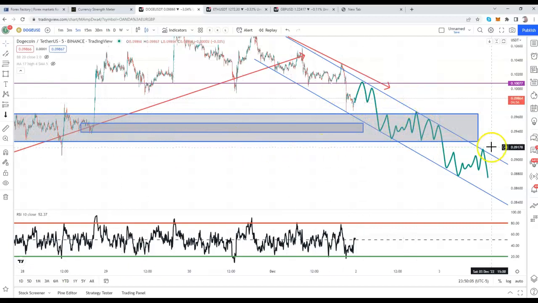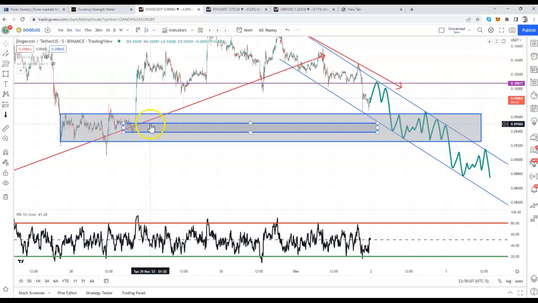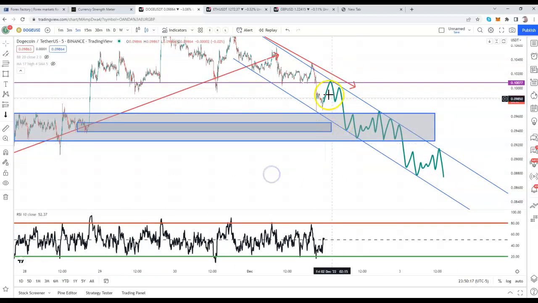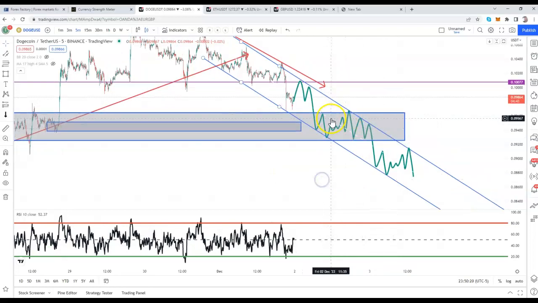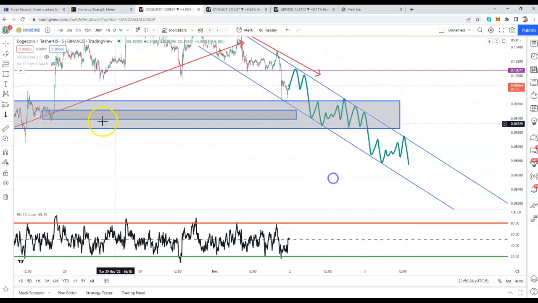Wow, that's amazing. But anyway, we see we have consolidating and then move up. So once we break this area, we had an impulse of a move. So same thing comes with this side. If price consolidates and then breaks to the downside, you can anticipate an impulse move to the downside.